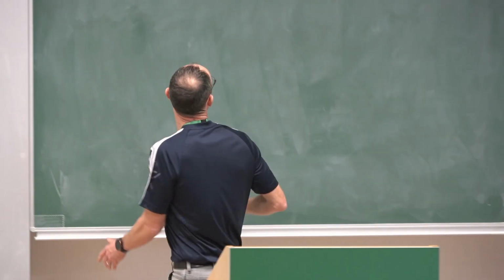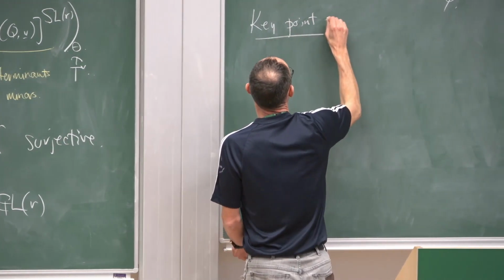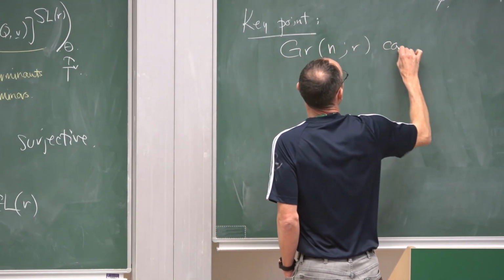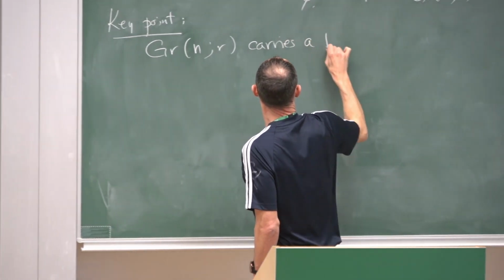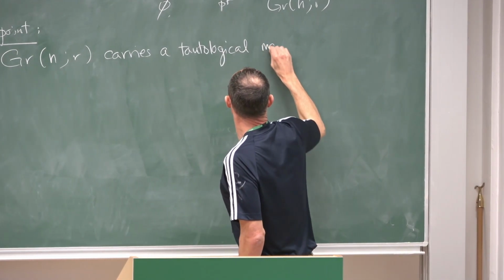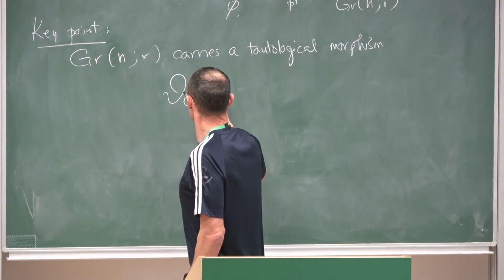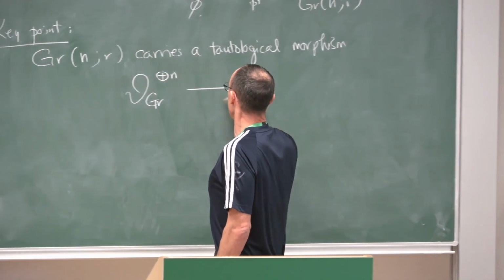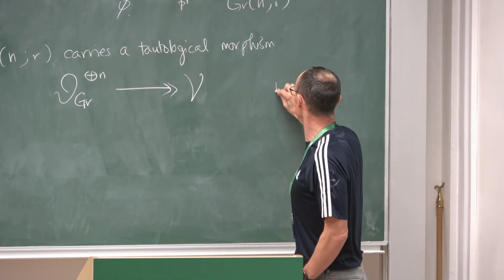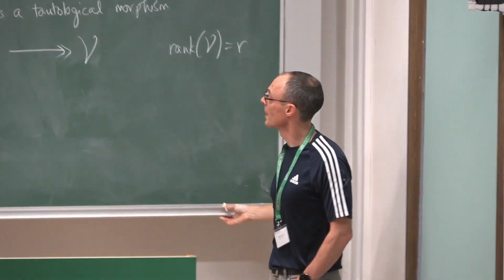Okay, a key observation here is that the Grassmannian is more than just a variety, right? So Gr(n, r) carries a tautological morphism of vector bundles. I take the trivial bundle of rank n and I have a surjective map to some vector bundle V whose rank is r.